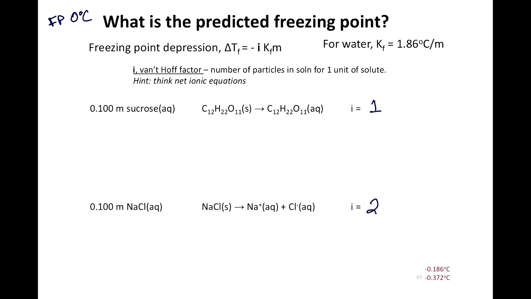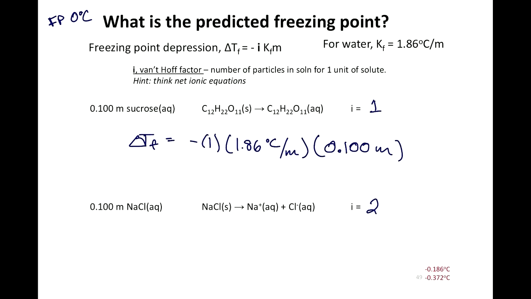All right, so let's actually do the calculation, because now we have all of the pieces of information we need. For sucrose, we're going to take the Van 't Hoff factor we just got, so 1, because it's a non-electrolyte, times that constant that's given, so 1.86 degrees Celsius per molal, and then times its actual molality. I'm just telling you it's 0.1 molality.